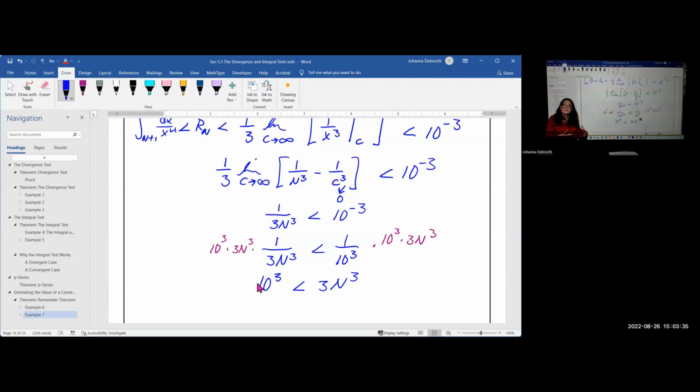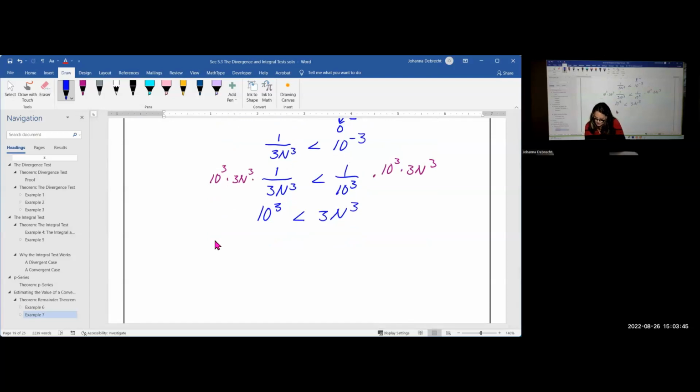Now I'm trying to find uppercase N. So the next thing I want to do is solve for uppercase N. The first thing I'm going to do, of course, is move the 3. This gives me 10 to the 3rd over 3 less than uppercase N. Now I know N is strictly positive. It wouldn't matter because it's a cube root, and when I take the cube root, I get the sign I get.